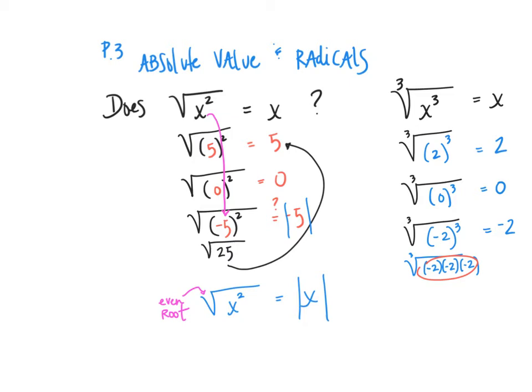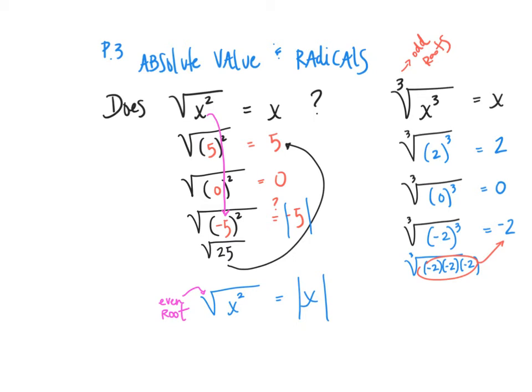So yes, the cube root of the quantity negative 2 to the third is negative 2. So with odd roots, you never have to worry about doing the absolute value. It's only with even roots.